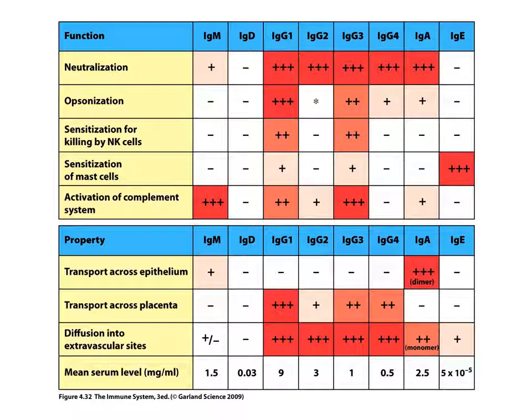So you can see again, another slide gives you some of the functions of antibodies. And remember that I gave you an example as well, that the body, the defense system needs to know who is coming in.